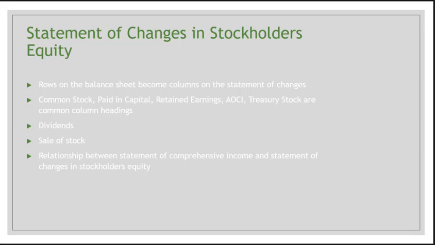But the main thing is that each item in the stockholders' equity section of the balance sheet, we're going to be explaining the changes for. And we start with last year's balance sheet, and we end with the balances that go on this year's balance sheet, which allows us to go forward and complete our balance sheet.